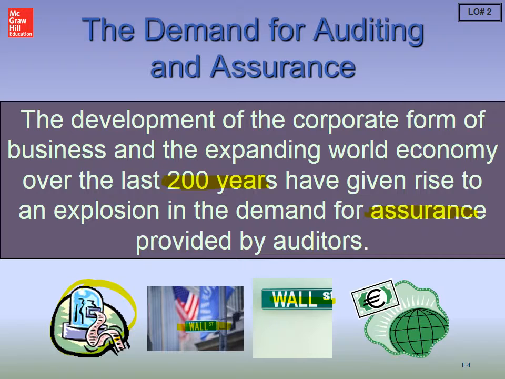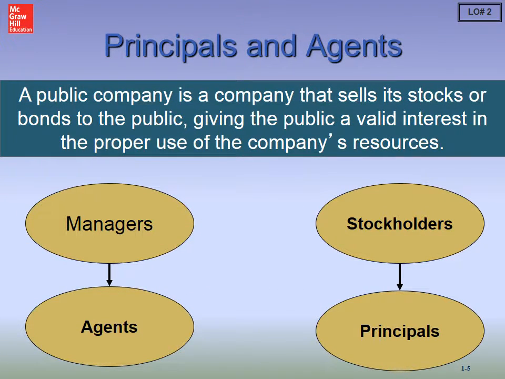Okay, so when we take a look at what we were talking about earlier, the separation between the ownership of the company and the management of the company, we can talk about the managers as being the agents and the stockholders being the principal, to use analogous terms that you may have seen in some of your other studies. When I look at agent and principal, I think of the agent as Jerry Maguire, the character Tom Cruise played in the movie.